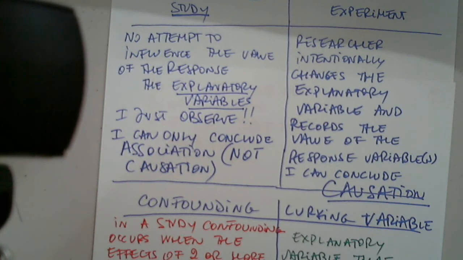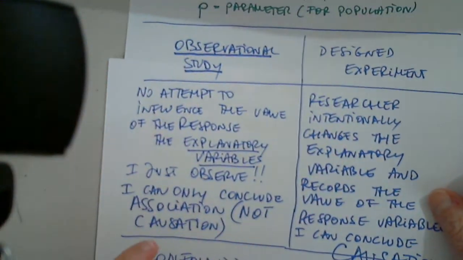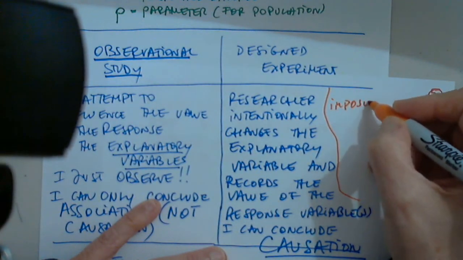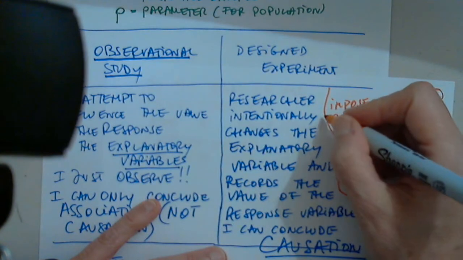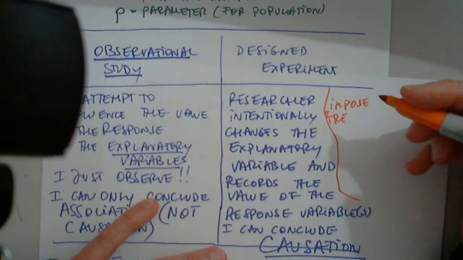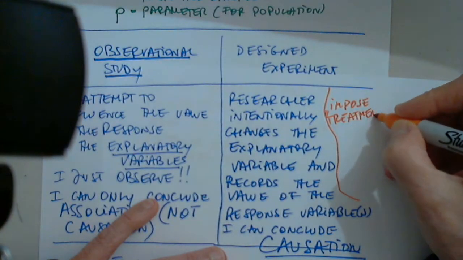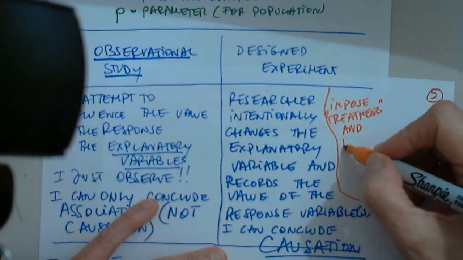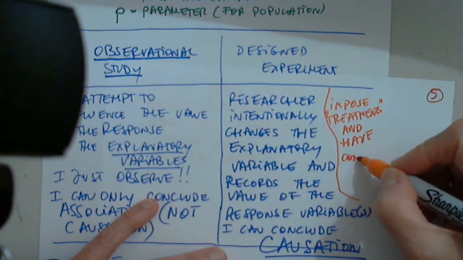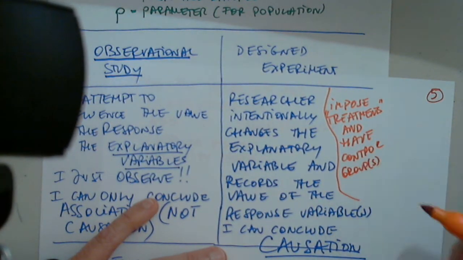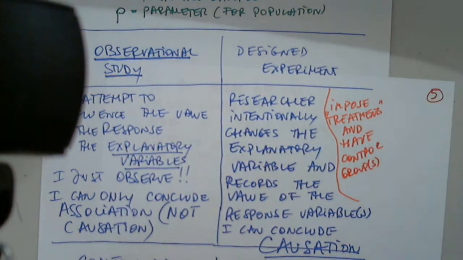And I want to stop sharing for a second, and I want to add this in here. It's very important. Please add it in. Yes, it is true. Impose so-called treatments. It's not a treatment; we're giving a medicine to a group and not to another. So to compare treatments, so to speak, we call them treatments. Impose treatments and have control groups.